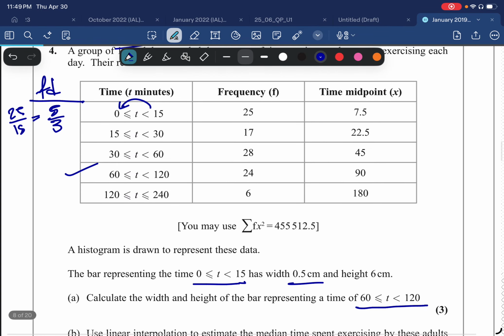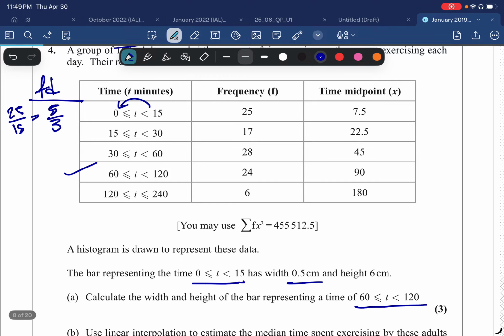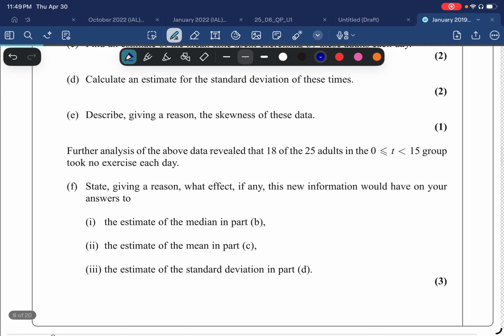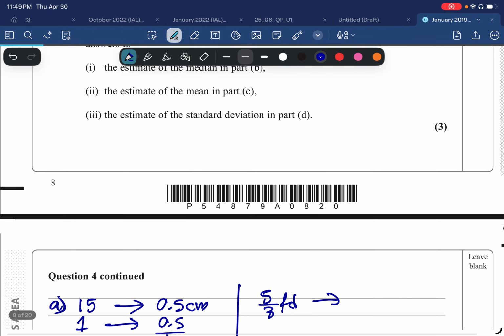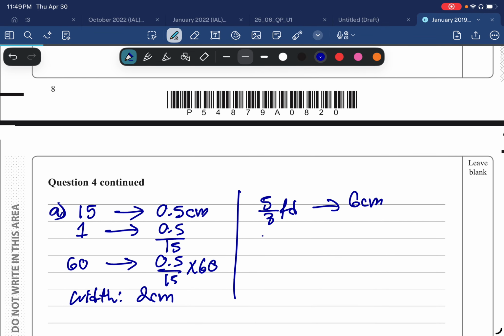Now they're saying that for a frequency density of 5 by 3, the height is 6 centimeters. So a frequency density of 1 is going to be 6 times 3 by 5.